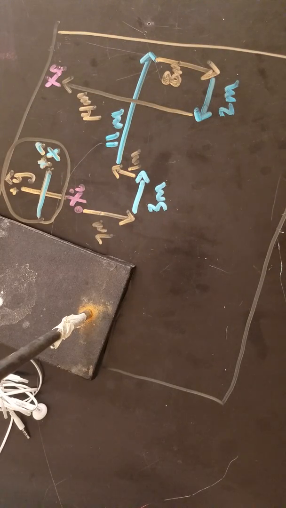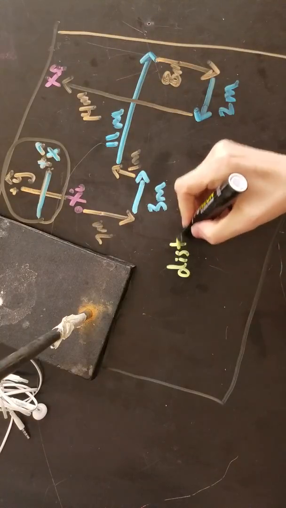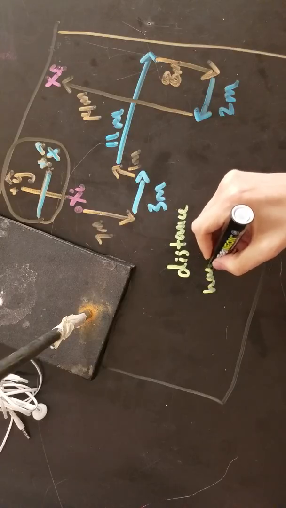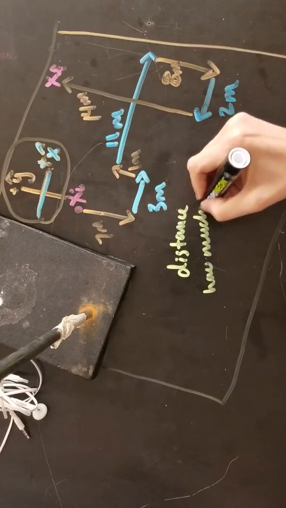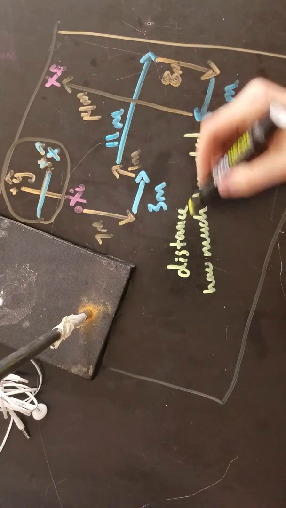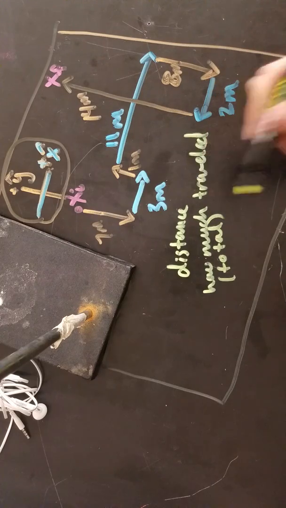Let me talk about the difference real quick. Distance is how much you traveled, like how much total you've traveled.